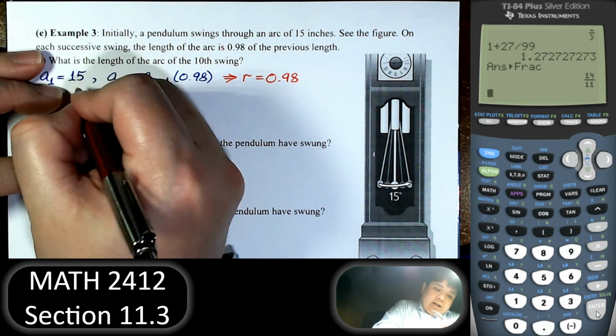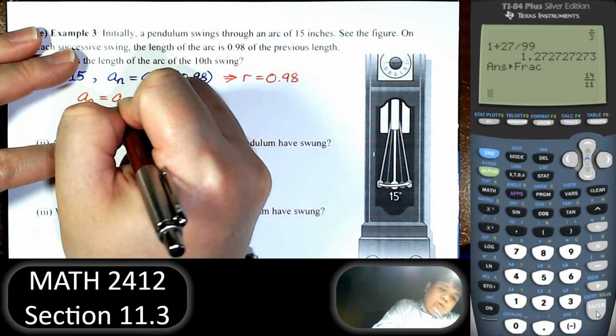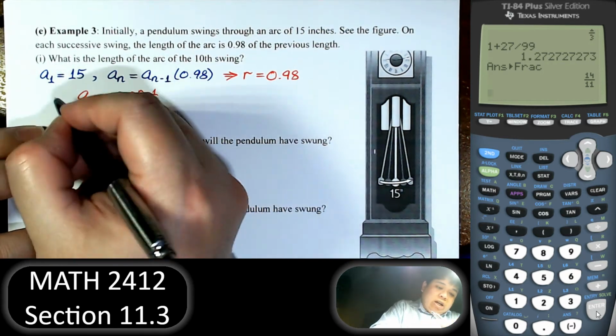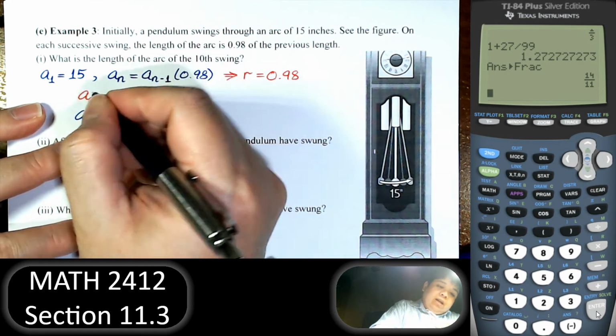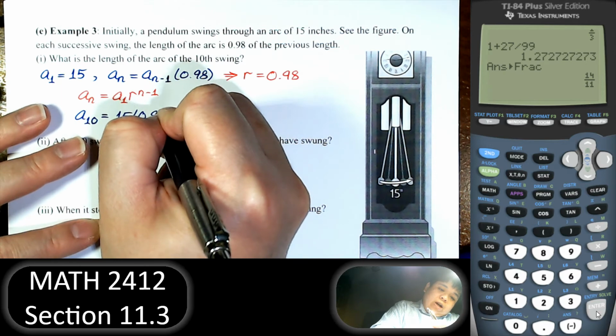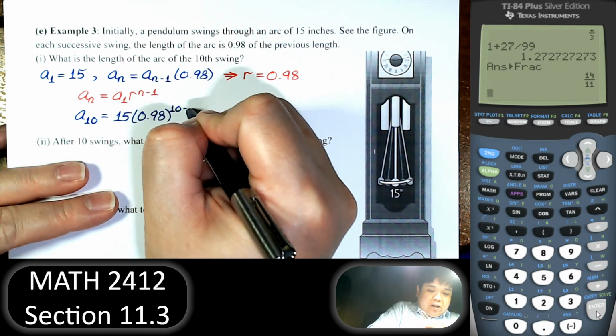So the formula is a_n equals a1 times r to the n minus 1. Now we want the 10th term. a1 is 15, and 0.98 is the common ratio, to the power 10 minus 1.